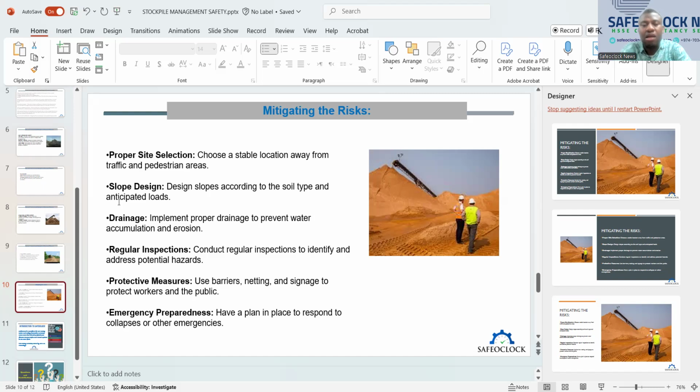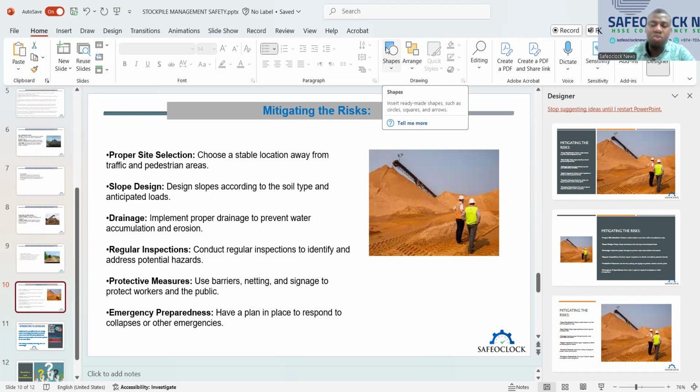Emergency plan of what to do if there is a collapse, what to do if the stockpile materials collapse, what to do if there is equipment collision in the area, what to do in fire emergencies.